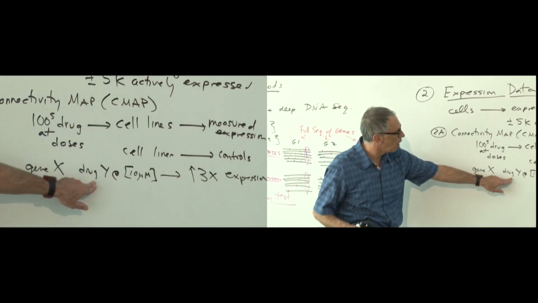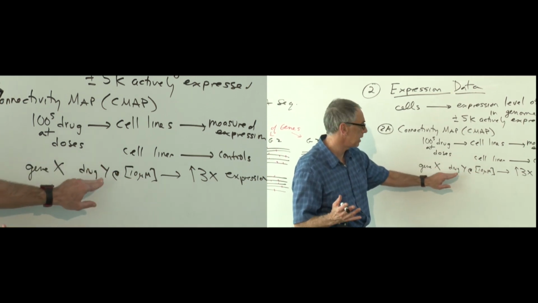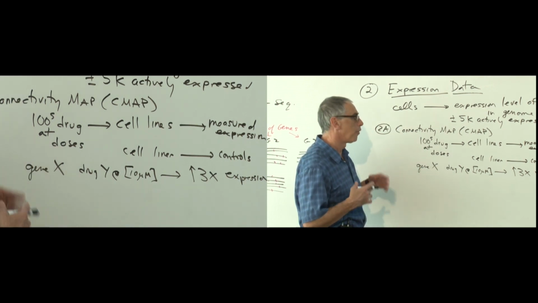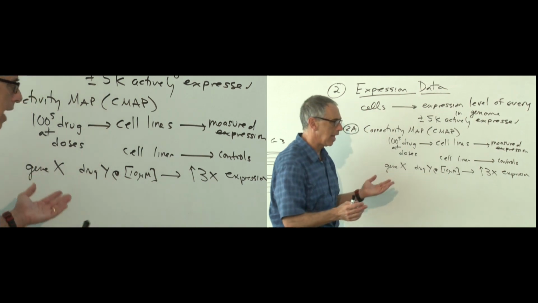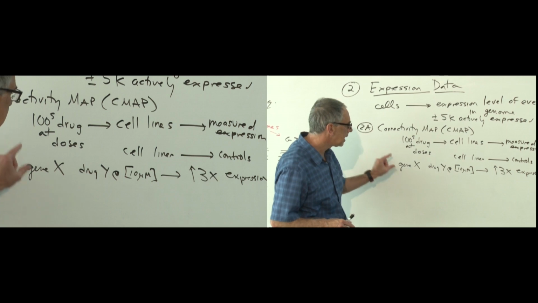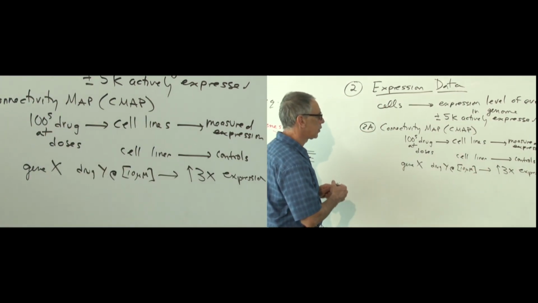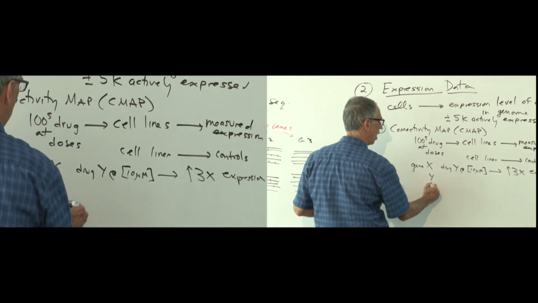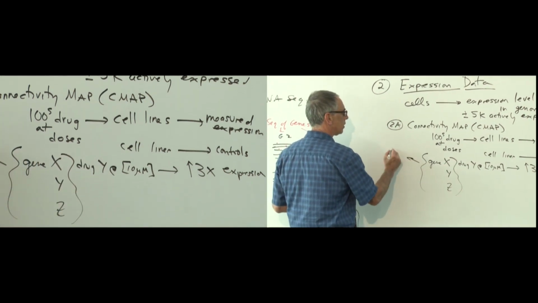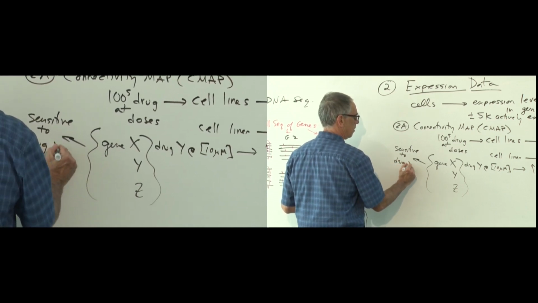That means that this drug at this concentration is doing something to the cell that the cell perceives and decides to upregulate gene X. For many genes, you give drug Y and nothing happens. They would have no expression change. So the list of genes that get changed, so it might be gene X, Y, and Z, which all have this change. These are the genes that are sensitive to the presence of drug Y.